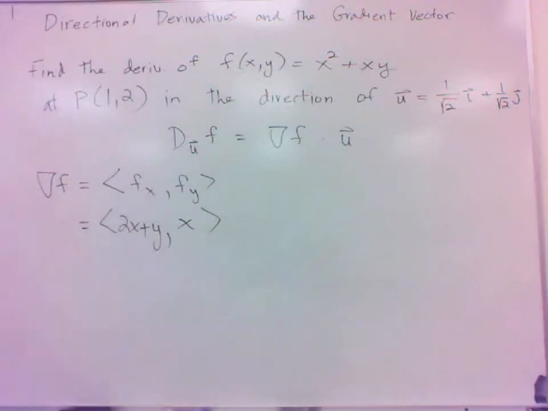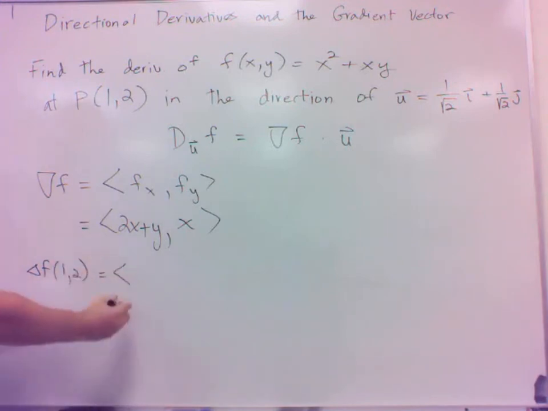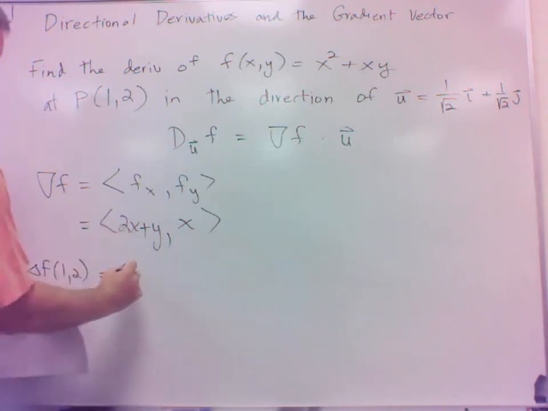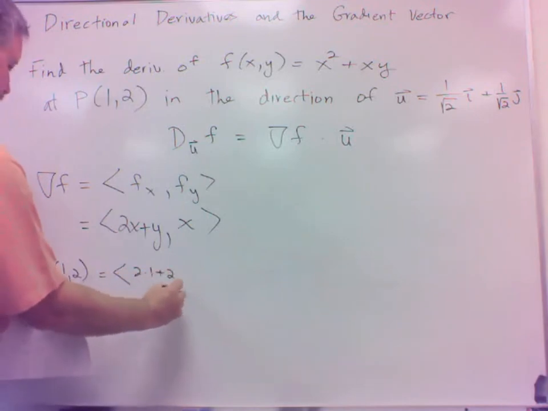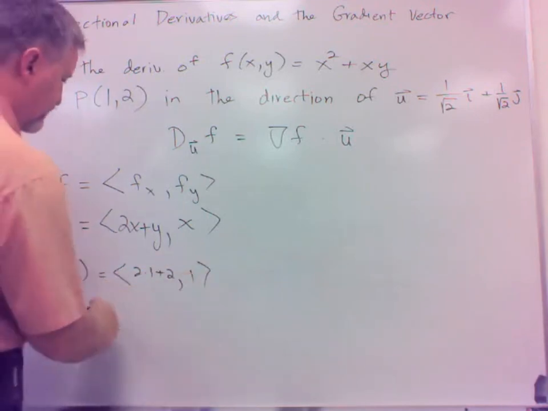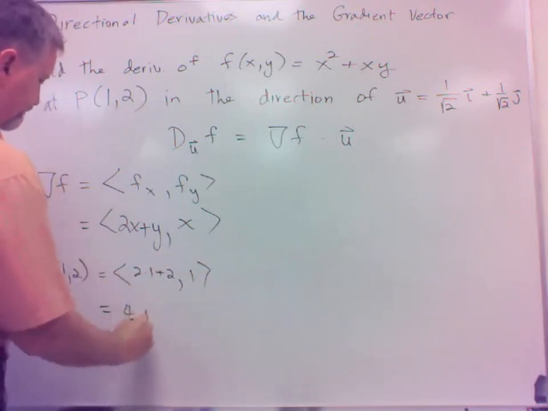Okay? Now, we are wanting the derivative specifically at (1, 2). And so we can go ahead and evaluate our gradient at (1, 2). And so that would be 2 times 1 plus 2, comma 1. Okay, so that would be (4, 1). Yep.